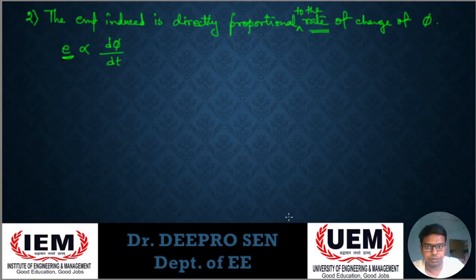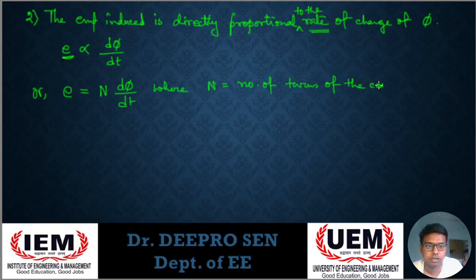In this case, the constant of proportionality becomes something called N. What is this N? N is nothing but the number of turns of the coil.